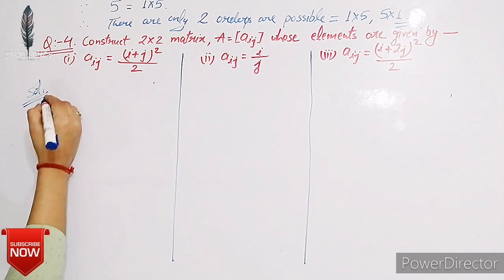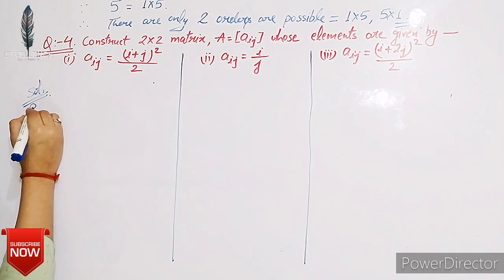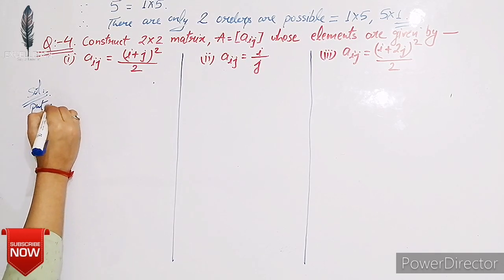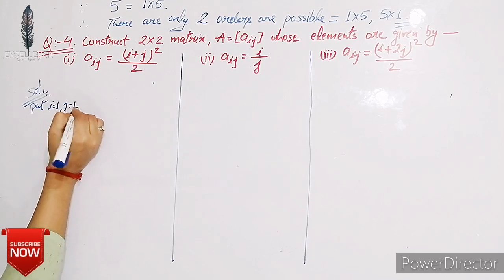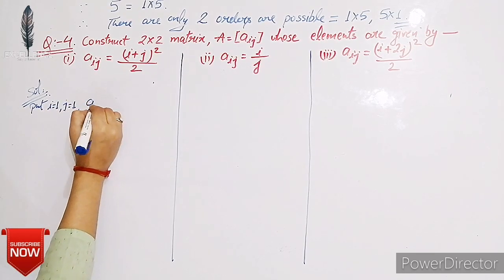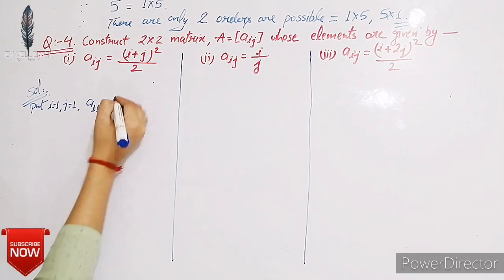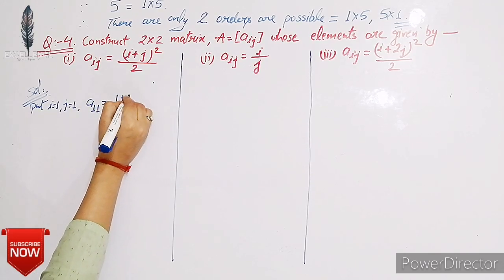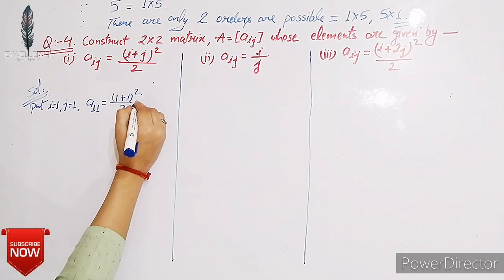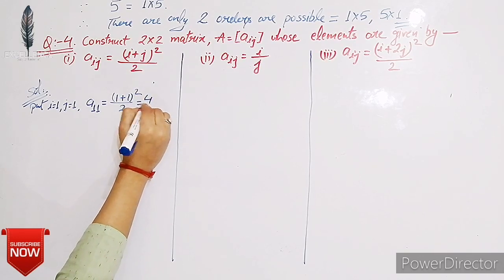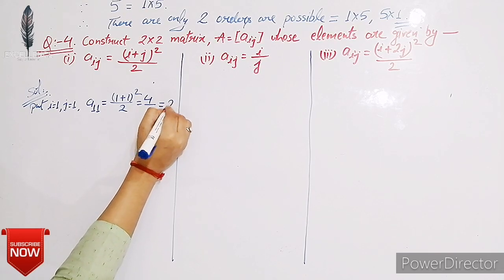Our first part is Aij equals (i plus j) whole square by 2. So first put i equals 1, j equals 1, that is A11 equals (1 plus 1) whole square upon 2. OK, that is 1 plus 1 is 2, 2 square is 4, 4 by 2 is equal to 2.